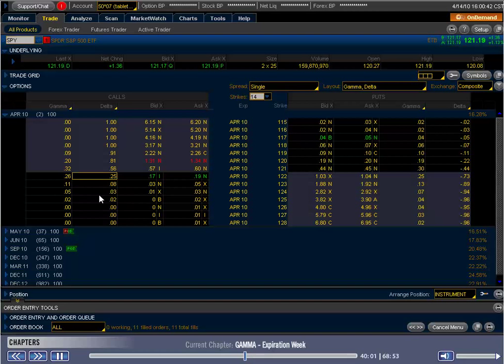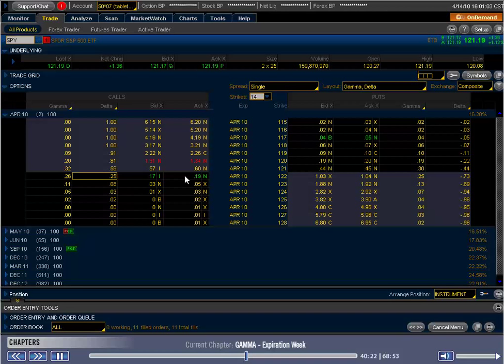The risk, though, that clients take on expiration week is extraordinary. Can you imagine if you had a position on and you were short these options? If you're short the 122 calls, think about the amount of risk you're really incurring in the last 2 days to make what? A whopping 20 cents.